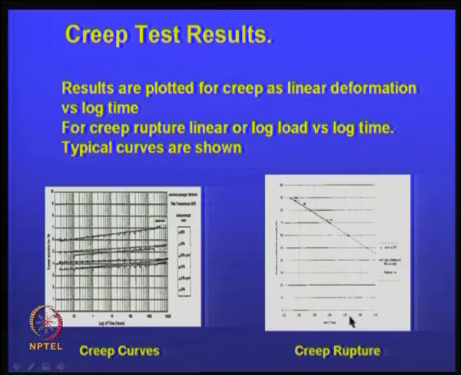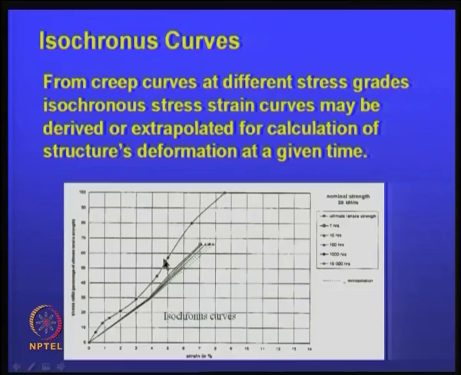So, creep rupture is one possibility, this is the way that we construct creep load curves, and from this we construct what we call isochronous curves, which means that at the same time we would like to see its effect.